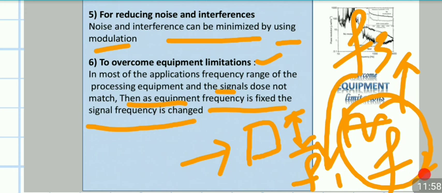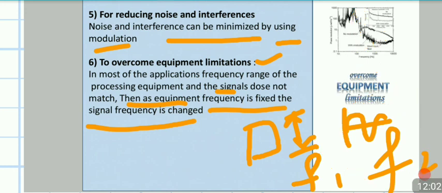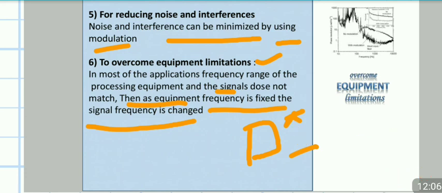What is f1? f1 is the frequency of the equipment. So to overcome the equipment limitations also, we can make use of modulation. And this is what the need for modulation, six points, concludes towards. So we need modulation for all these six scenarios. Thank you.